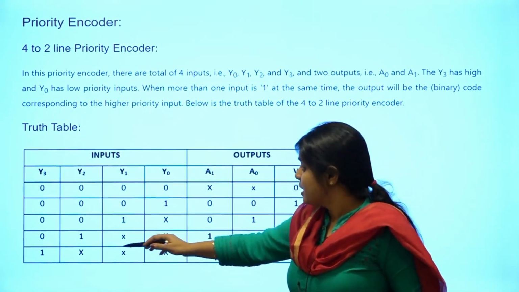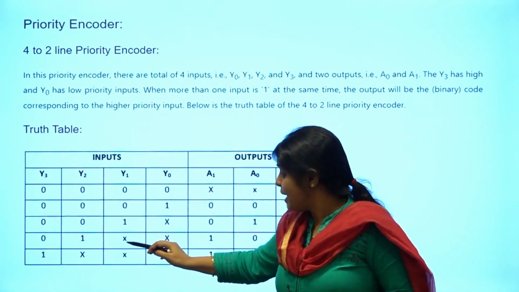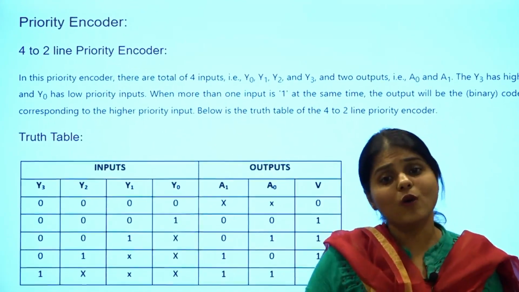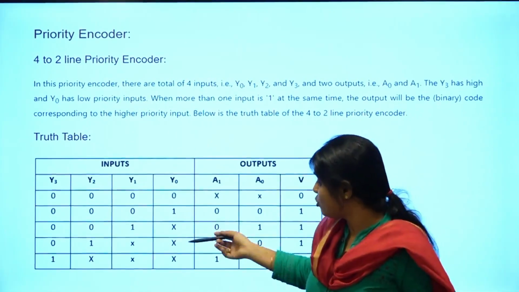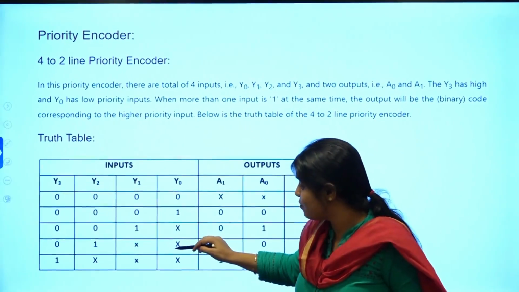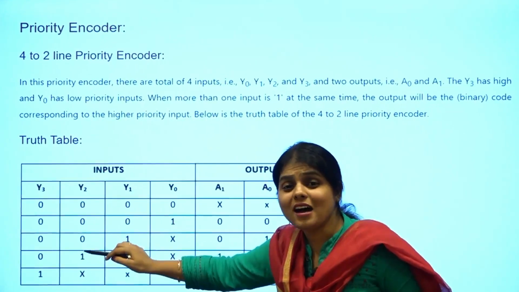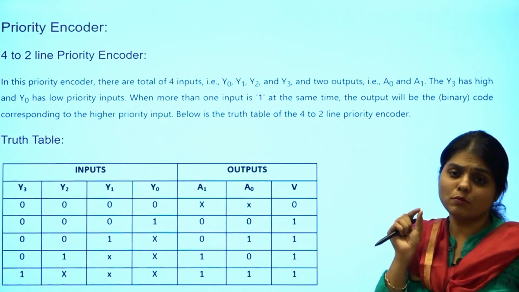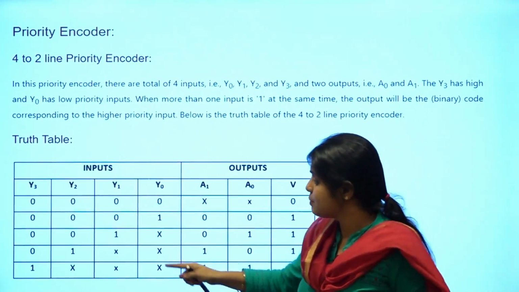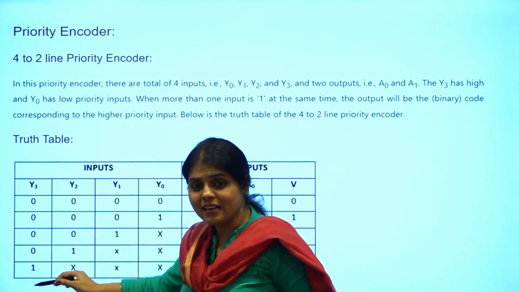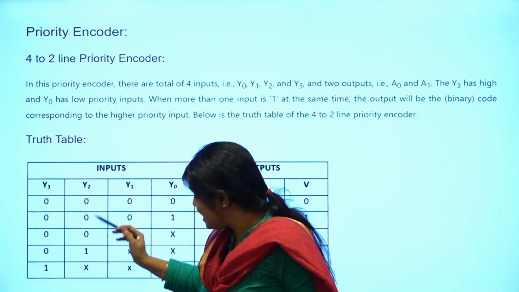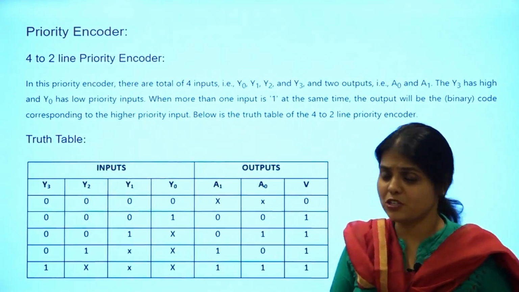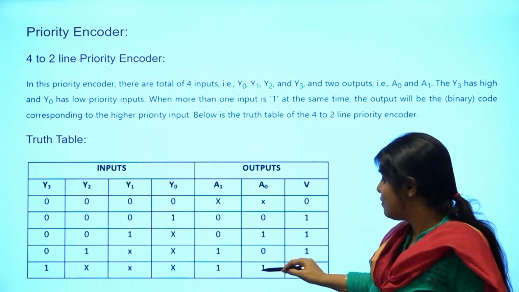Next, if Y2 is 1 and Y0, Y1 are XX, that is, 0, 0, 0, 1, 1, 0 or 1, 1, then despite any values in Y1 and Y0, if Y2 is high, the output would be 1, 0 only. Similarly, if Y3 is high, you might have anything in Y2, Y1, Y0, from 0, 0, 0 to 1, 1, 1 combinations, and the output would always be 1, 1.